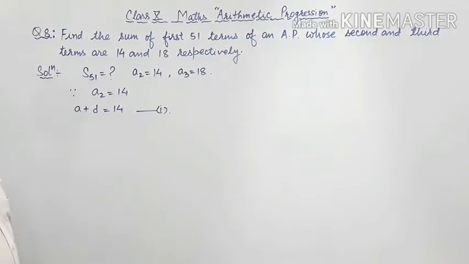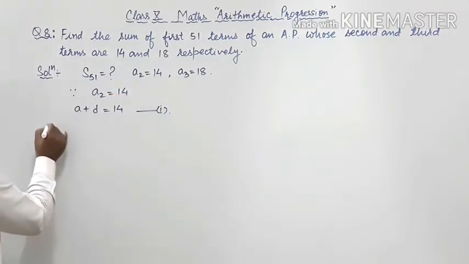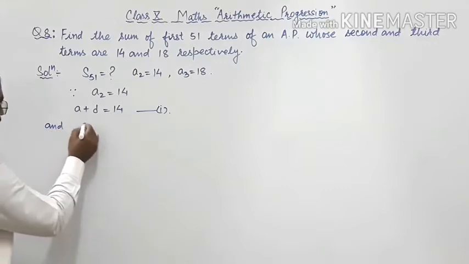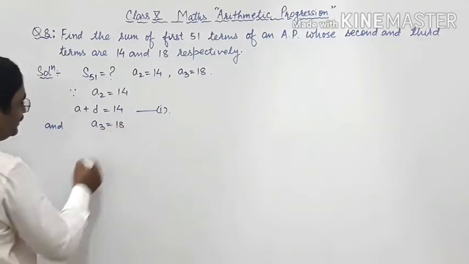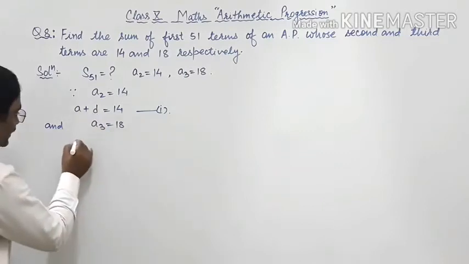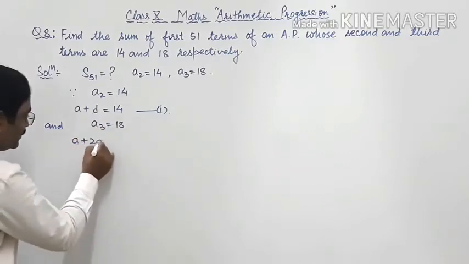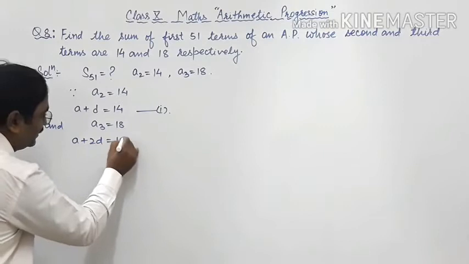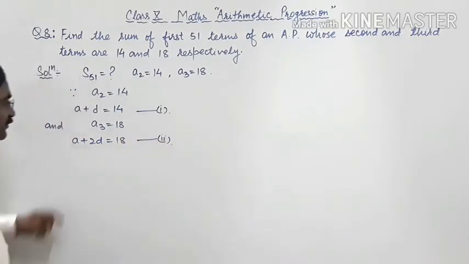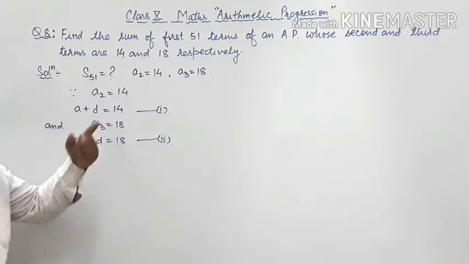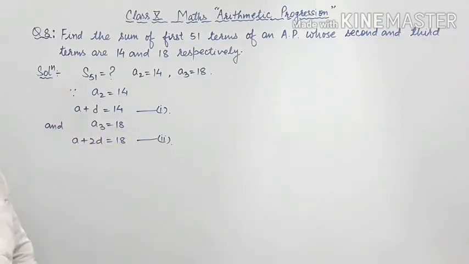The second thing given is A3 equal to 18, which means A plus 2D is equal to 18. This is equation number 2. Now solving equations 1 and 2, we will get the value of A and the common difference D.